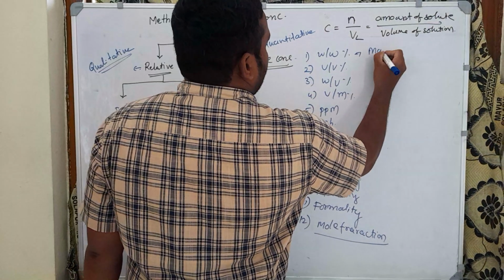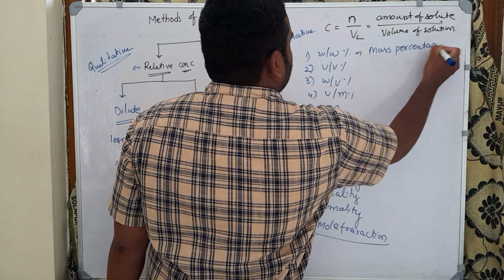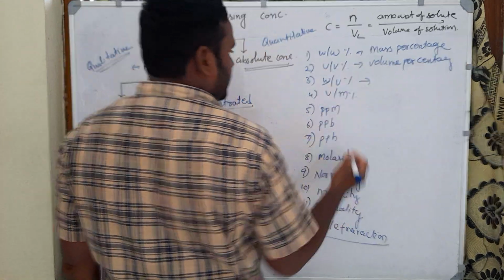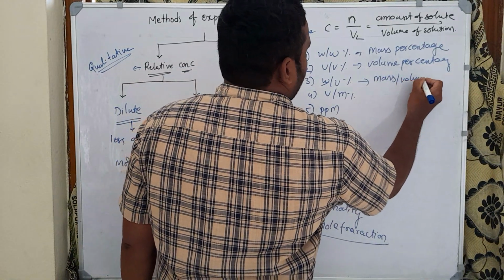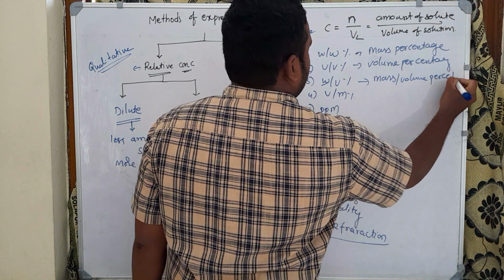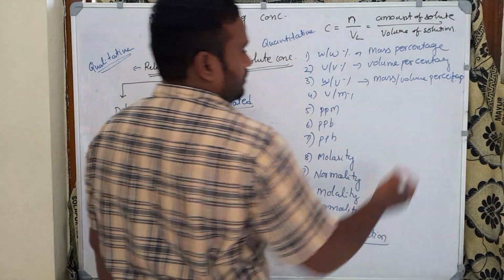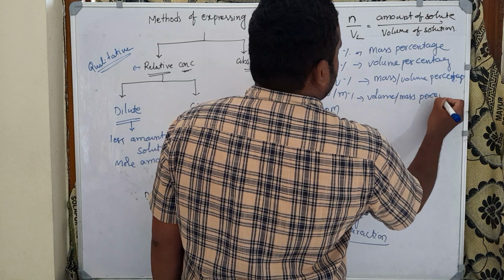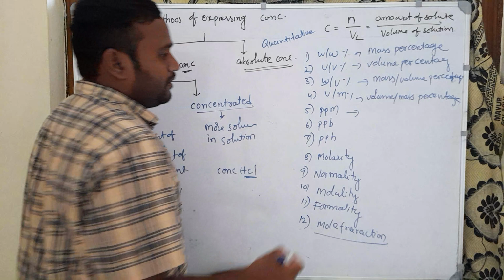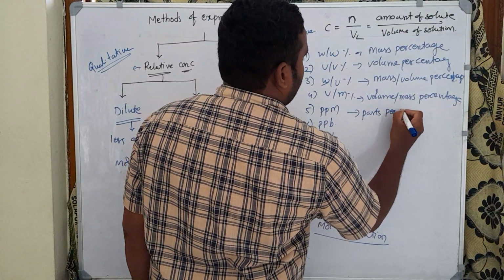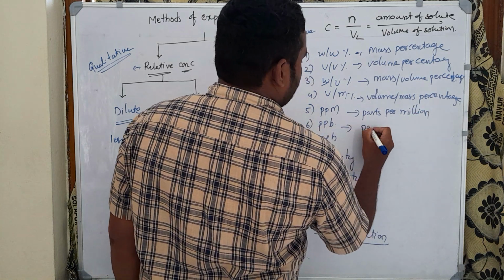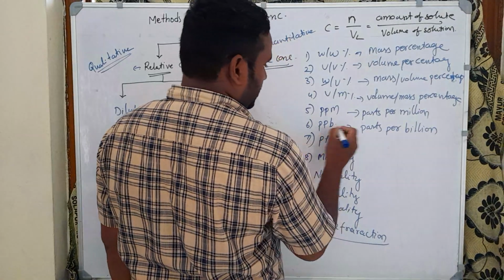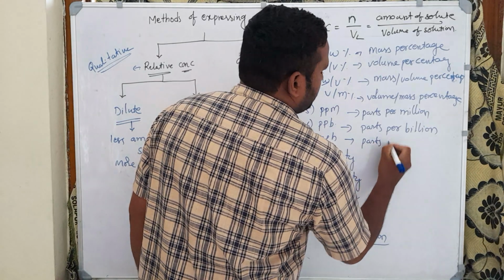So these are mass percentage, volume percentage, mass-volume percentage, volume-mass percentage, ppm (parts per million), ppb (parts per billion), and pph (parts per 100).